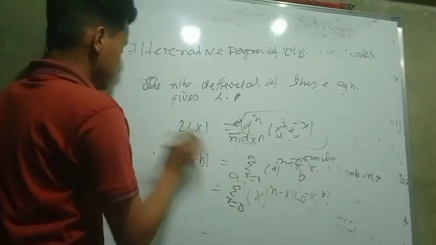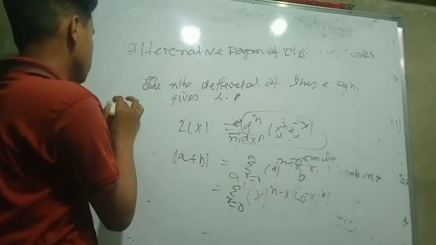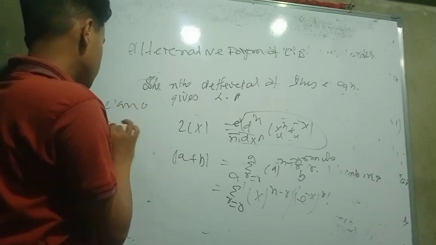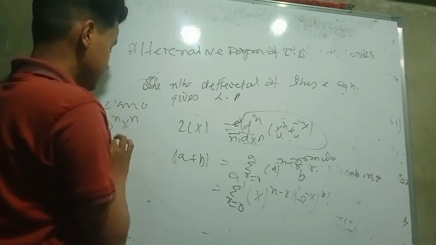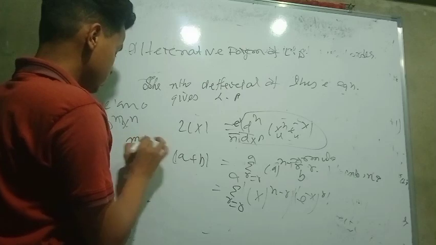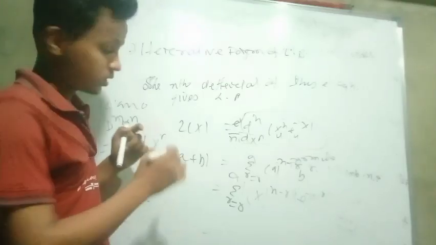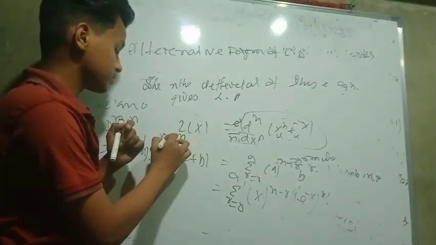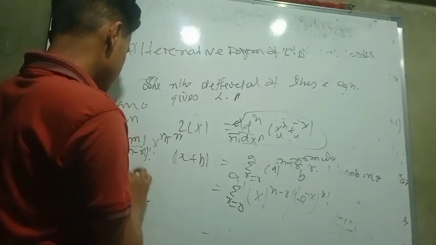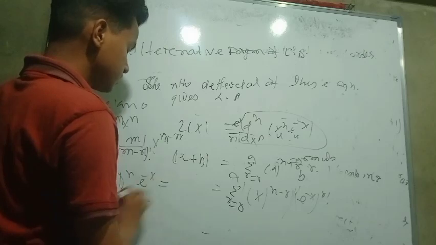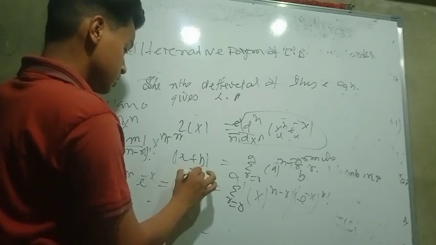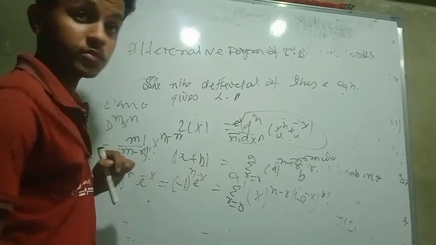What is this? We know that d^n of x^m is given by m factorial upon (m minus n) factorial x^(m minus n). Similarly, d^n by dx^n of e to the power minus x is nothing but (minus 1)^n e to the power minus x.